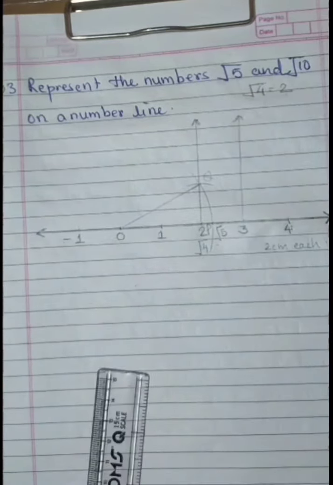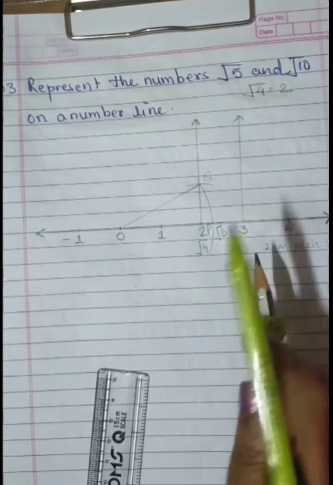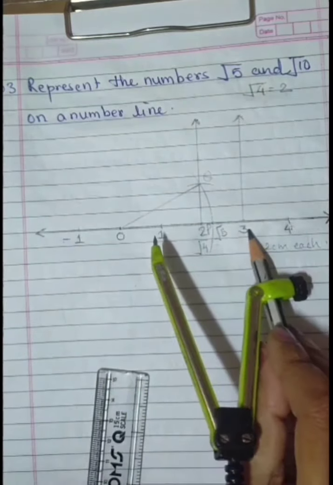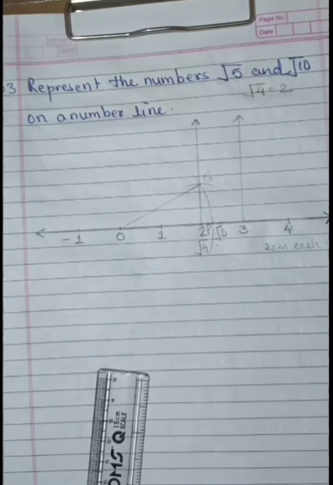Now again, as you can see, I have drawn one more perpendicular line from 3 centimeter. Now you must be thinking why from 3 I have drawn the line again.